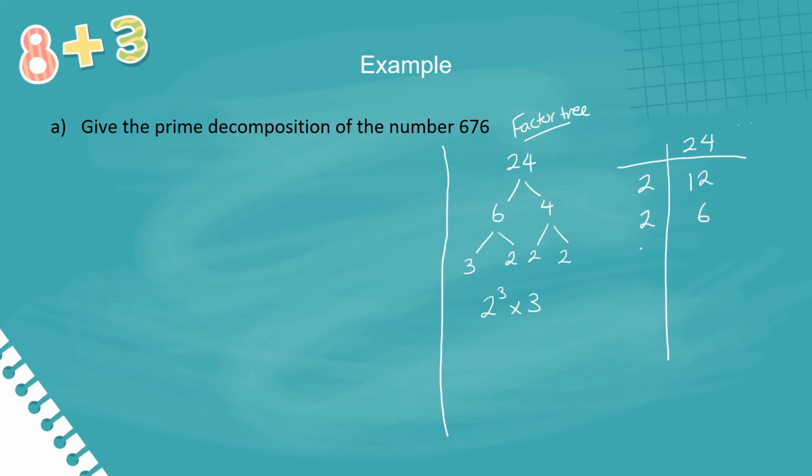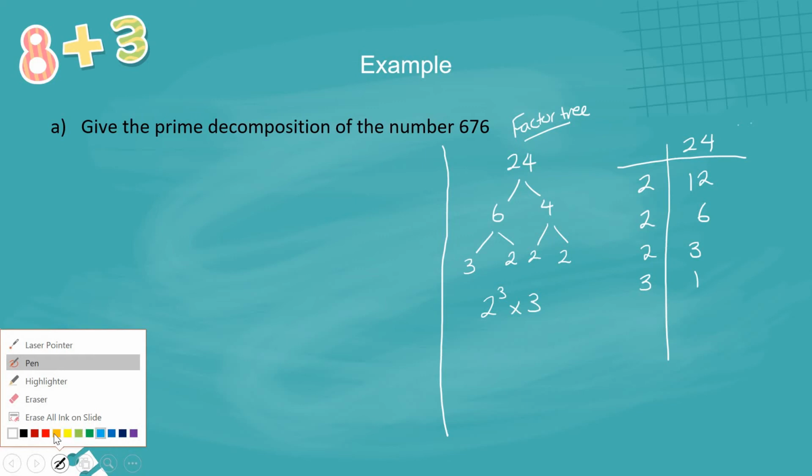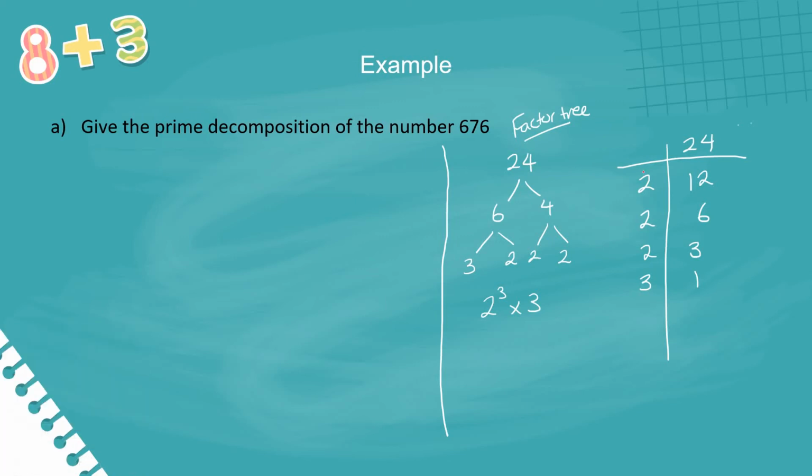Again, a prime number is 2. 2 goes into 6 3 times. What's a prime number that goes into 3? Just 3. So this here on the left side, these are my prime factors. So again, I have 2 cubed times 3.